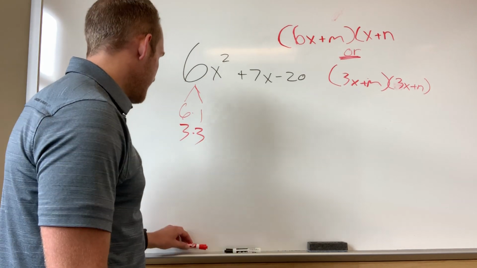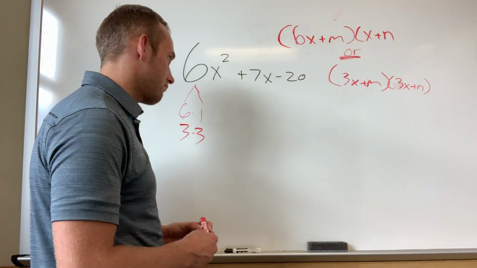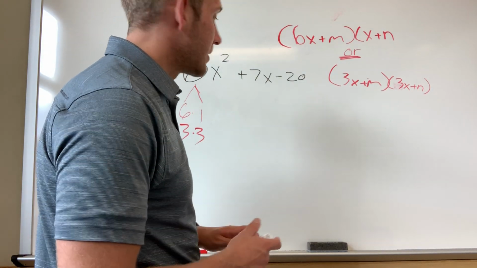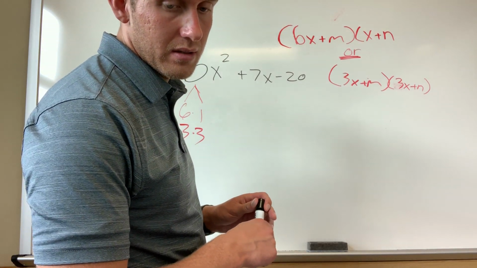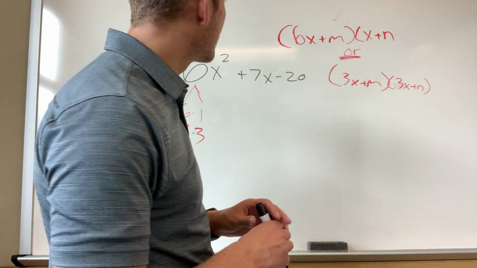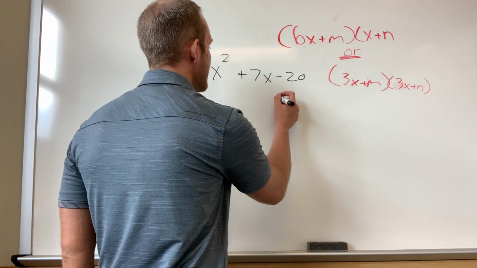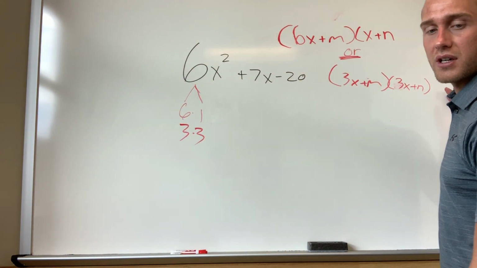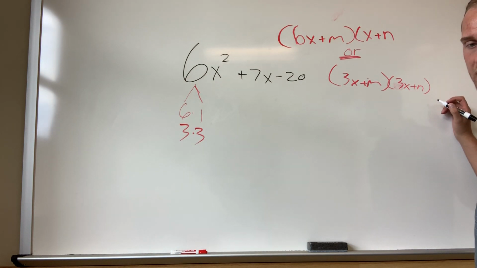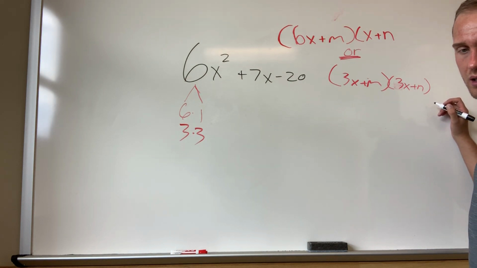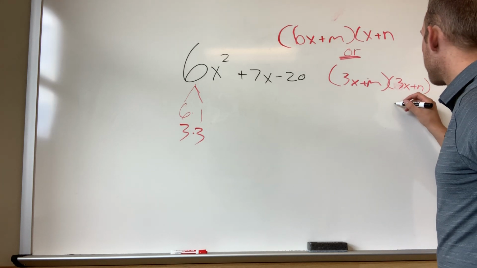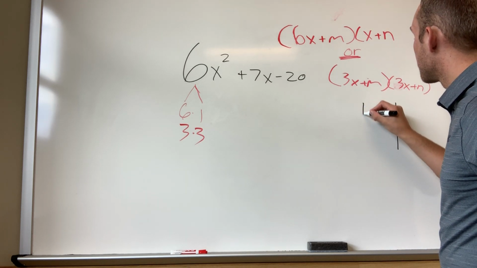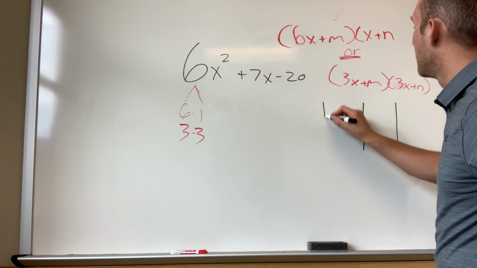Let's draw it out. I'll stick with red for a lot of things. Okay, so we do the same thing we did last time. Where does the screen go? Over here, kind of? Okay, so we make 4 different columns.